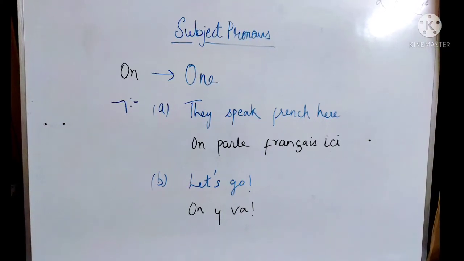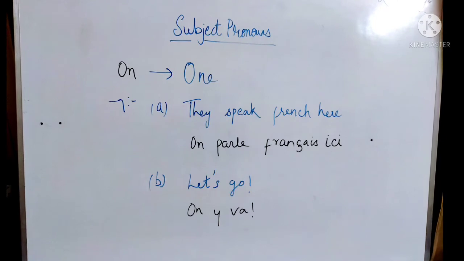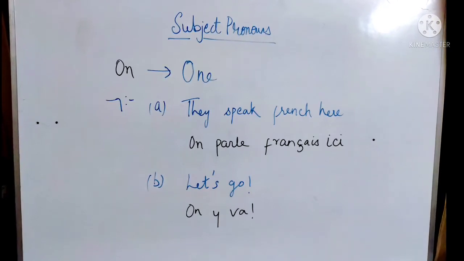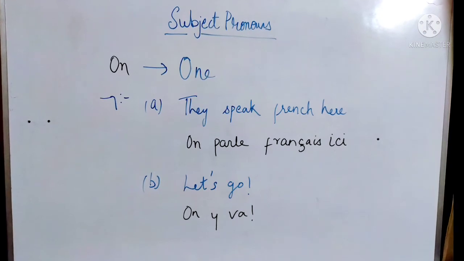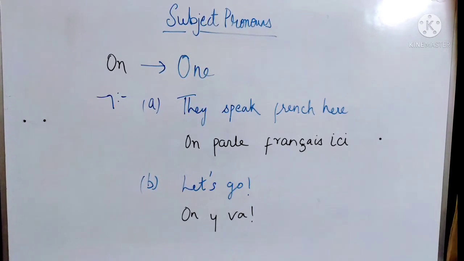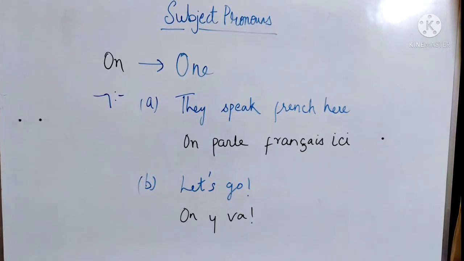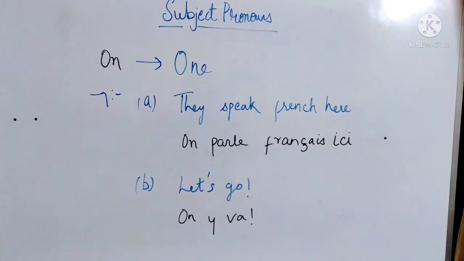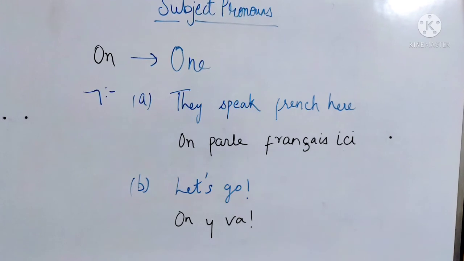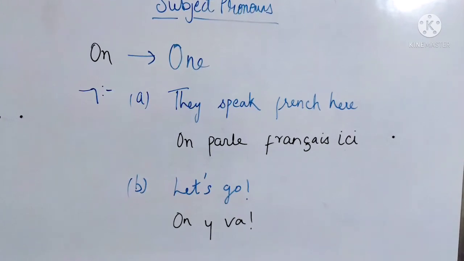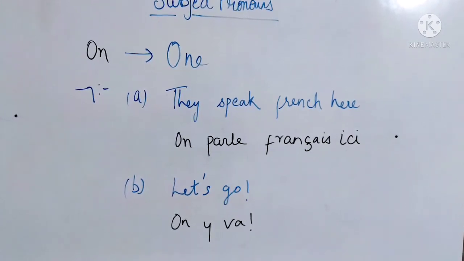Now let's have a look at another example. Let's go. On y va. So these are the examples of on, which can be used as someone, everyone, we, they, you, or one. The literal meaning is one.